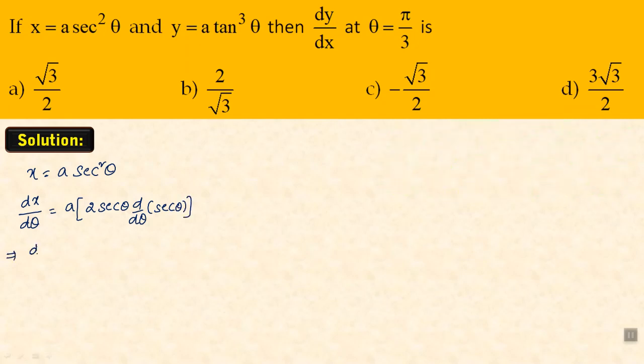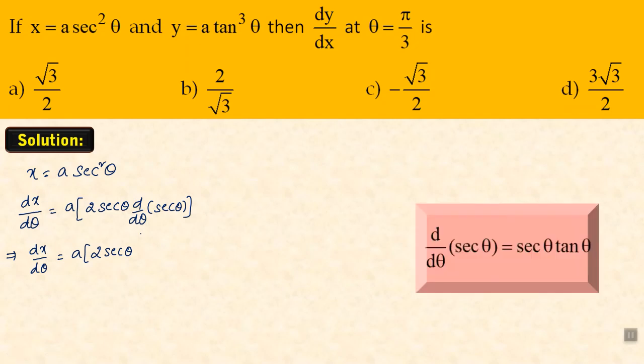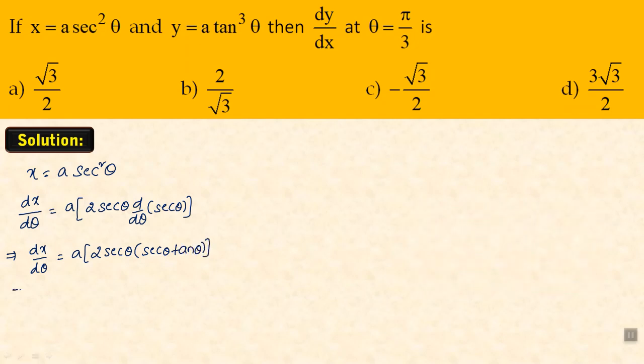This implies dx by d theta is equals to a into 2 into secant theta. Differentiation of secant theta is secant theta into tan theta. This implies dx by d theta is equals to 2a into secant square theta into tan theta.